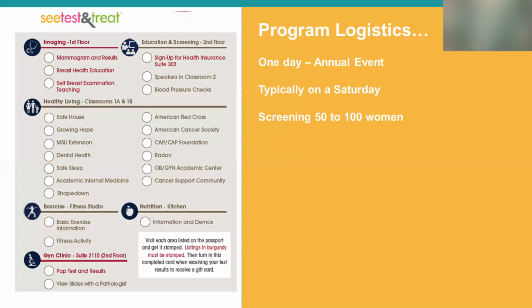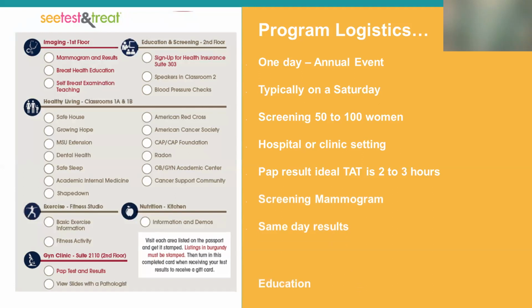Every See, Test, and Treat takes place in a healthcare setting, typically a hospital or clinic, providing Pap tests and screening mammograms with same-day results and education. Women with abnormal screening results schedule their next appointments on the same day. Some programs have the ability to do some additional testing on the day of the event.